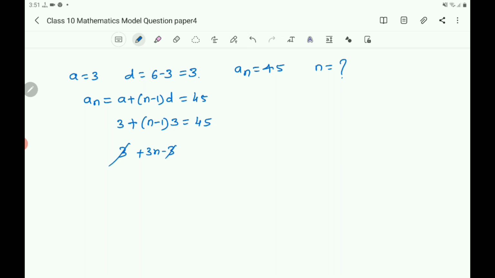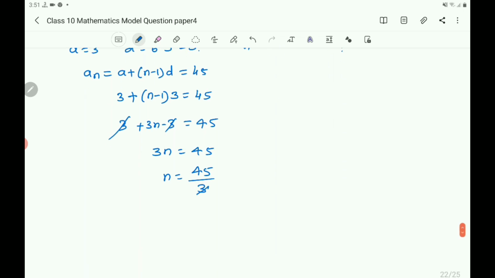Here this 3 and minus 3 cancel. Then what is remaining here? 3n equals 45. Then n equals 45 by 3. 3 fives are 15. Then n equals 15.